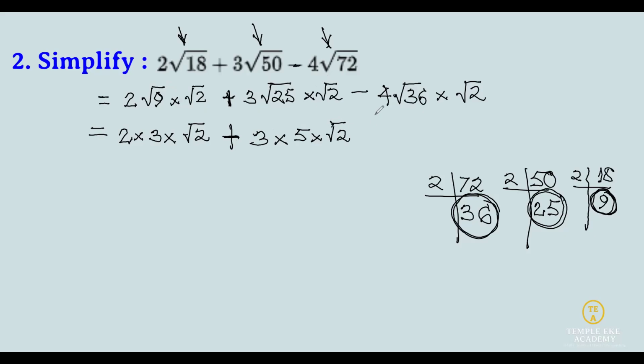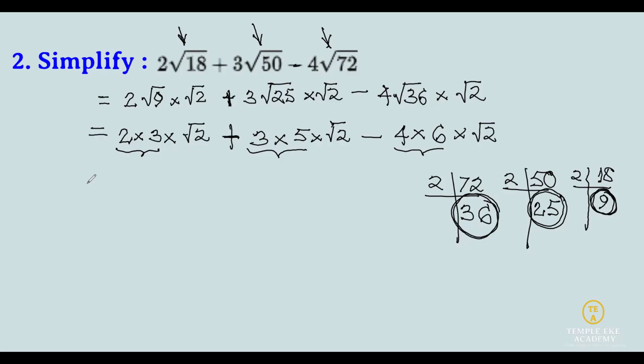And in the last term, we have the minus sustained, 4 written, the existing 4, of course. Now the square root of 36 is 6, and then multiplied by the square root of 2. That's right. Now let us combine the rational parts. 2 will have to be multiplied by 3, 3 will multiply by 5, and 4 multiplied by 6.